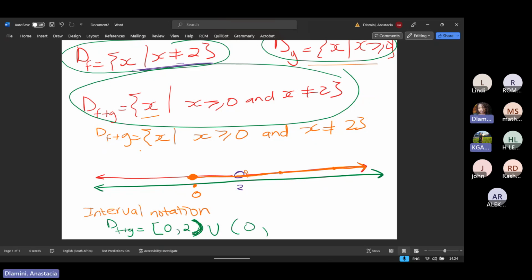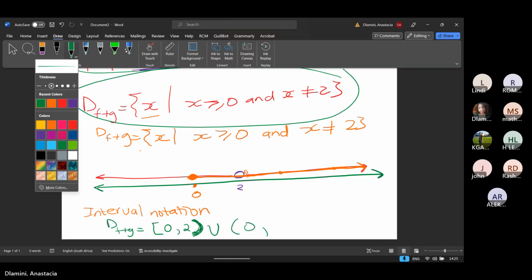Guys, consider the red line. Listen to this. The interval notation that you need to focus on here, you're asking yourself, where are the two lines touching each other? You look at the graph and you say, where are the two lines touching each other? Maybe let me change the red line to be blue.